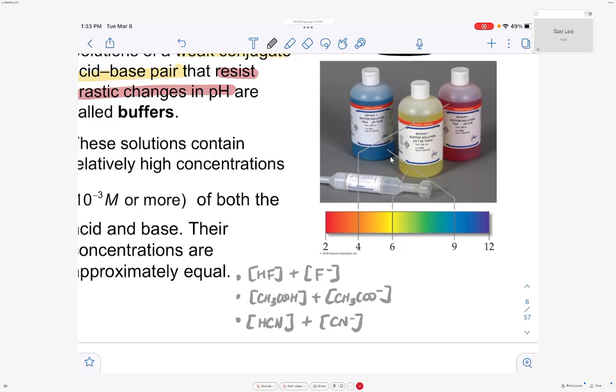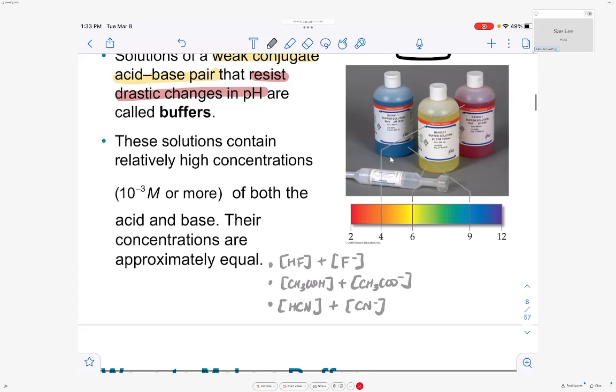So a mixture of hydrofluoric acid and fluoride, or a mixture of acetic acid and acetate, or a mixture of hydrocyanic acid and cyanide. These are all examples of buffer solutions.